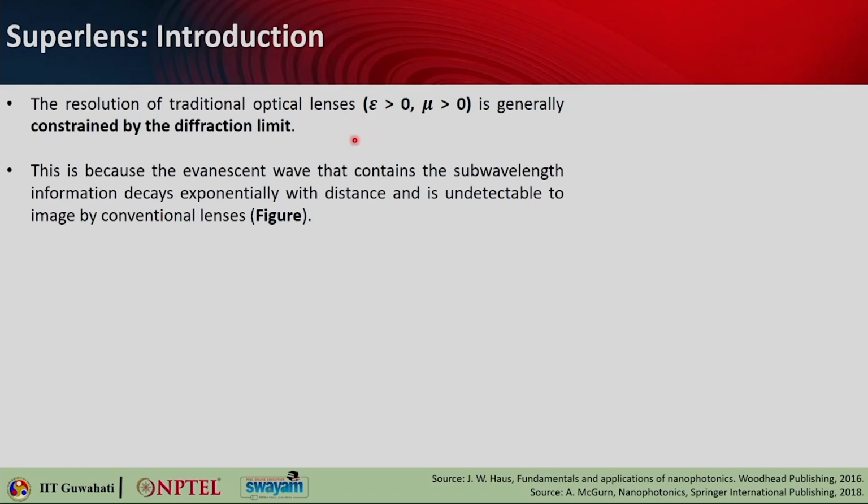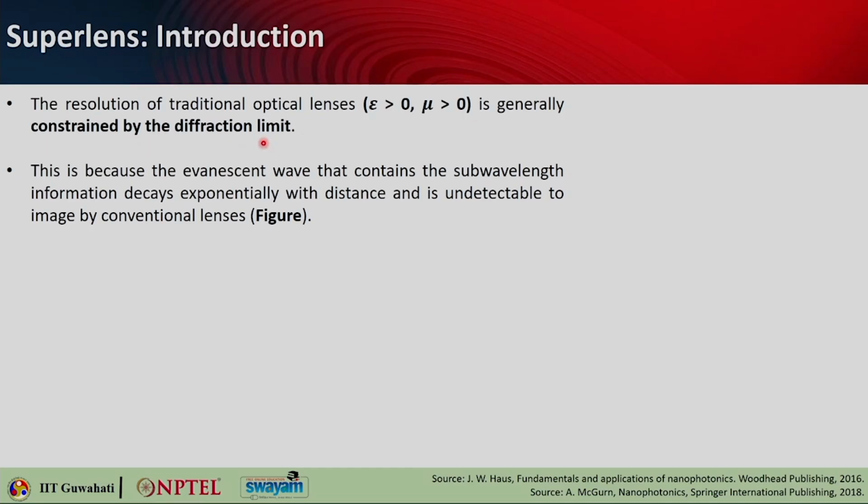So, what actually decides the resolution of a conventional optical lens? That is, a lens which has positive permittivity and positive permeability. They are typically constrained by the diffraction limit.